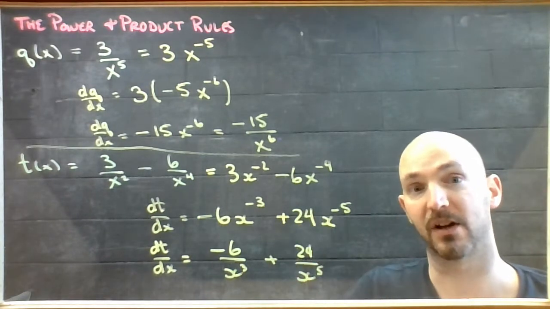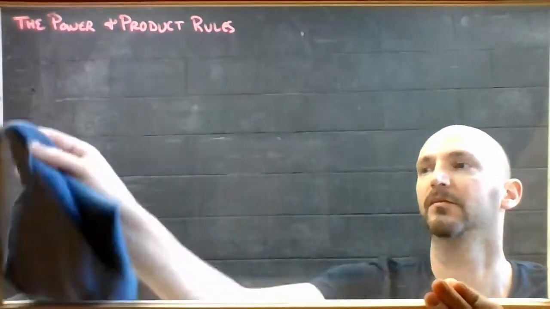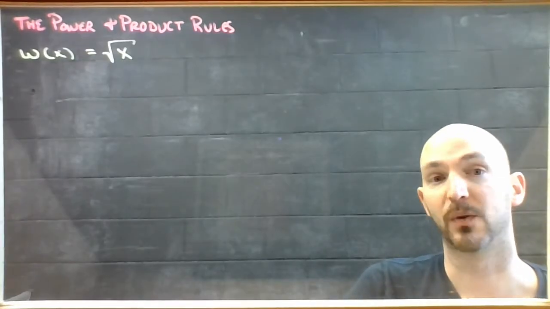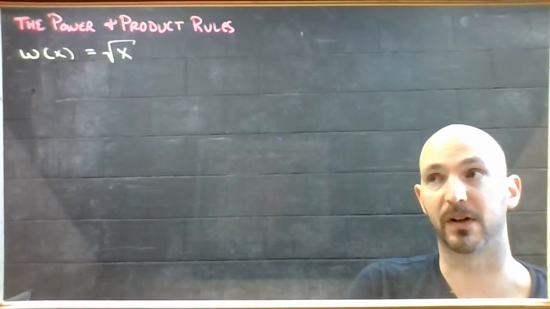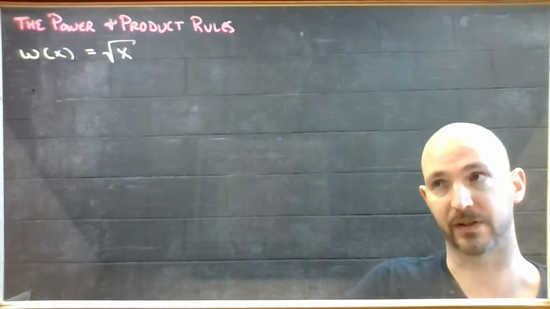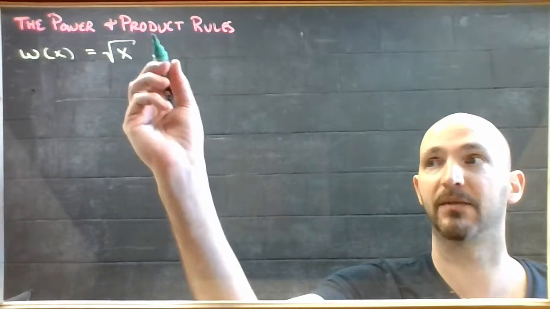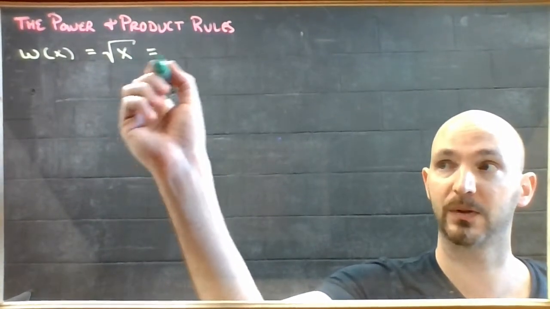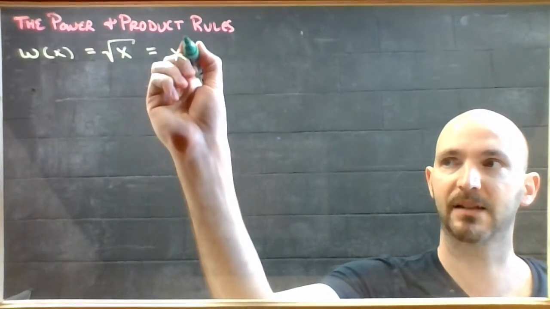I'm going to clear this off and we'll try one of those. All right. So the radical, or the square root function, can also be written as a fraction exponent. You'll have to remember back to grade 11 and advanced functions that a radical, a square root, can be written as x to the 1/2.